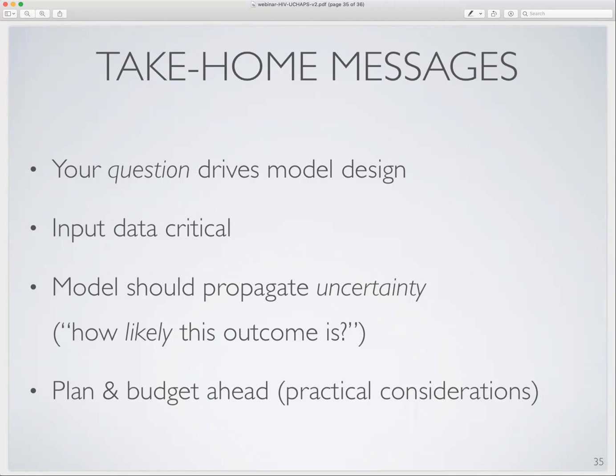The data, the input data in the model, is really critical, and you really want to make sure you have good quality data that is going to be fed into your model such that the results are going to be trustworthy. The model should propagate uncertainty. So the question is more like how likely this outcome is, rather than whether the outcome is exactly going to be 57% or like that. And I would advise to really plan and budget ahead.